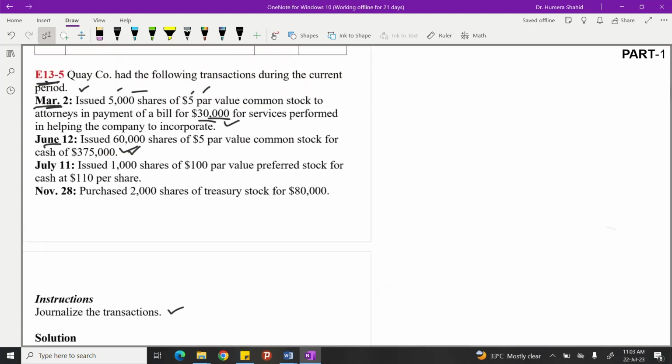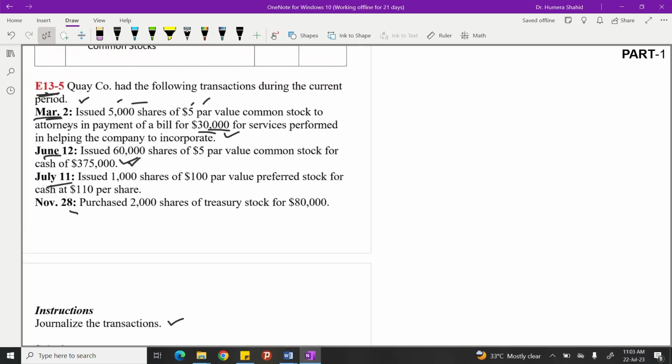Moving on towards the July 11 transaction, issued 1,000 shares of $100 par value preferred stock for cash at 110 per share. So 100 is the par value. You are charging 110 per share. So the excess amount you are charging is $10 per share. Let's record this journal entry.